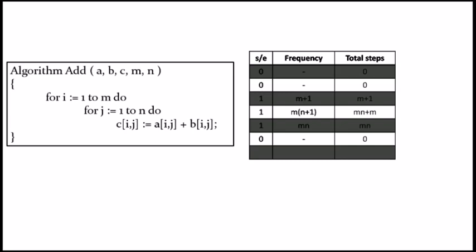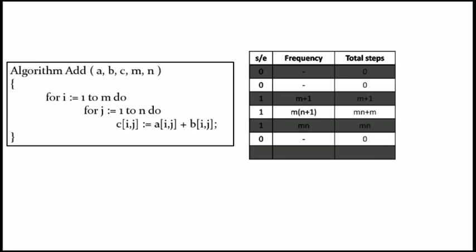So the first two lines will be 0. Next, 1 into m plus 1 will be m plus 1. Next, 1 into m in bracket n plus 1 will be mn plus m.